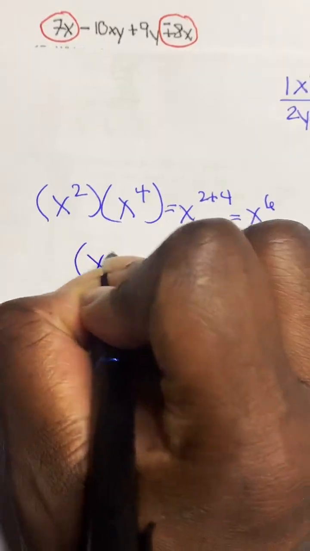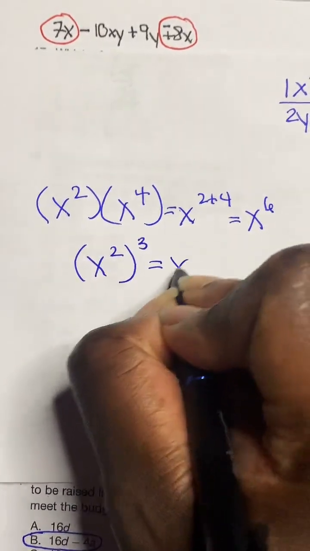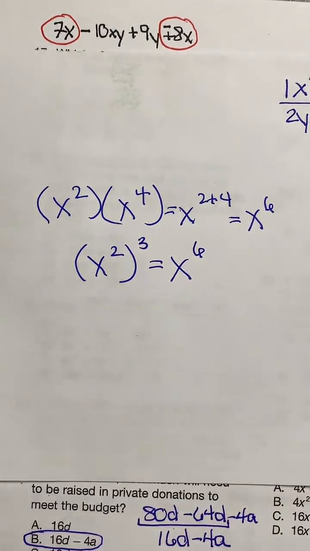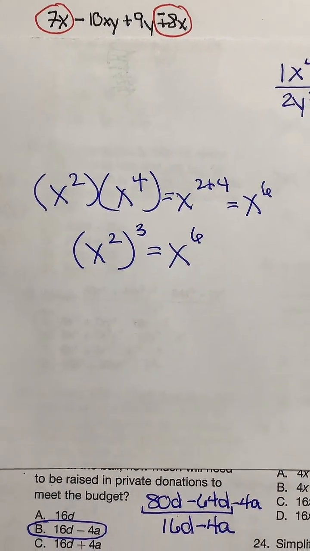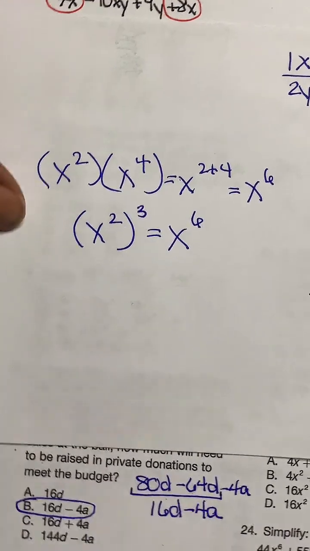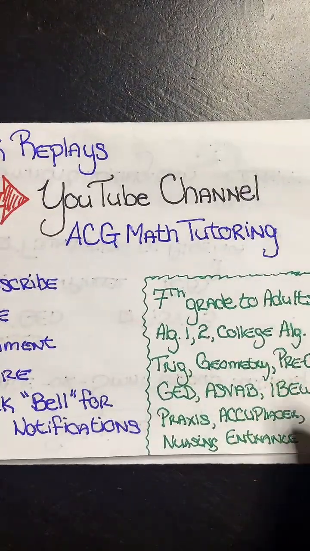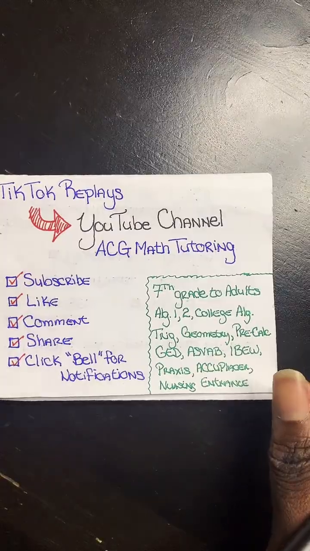When you have an exponent being raised by an exponent, you multiply the exponents. Okay? So if you need a further refresher, it's probably because you haven't seen it for a minute.